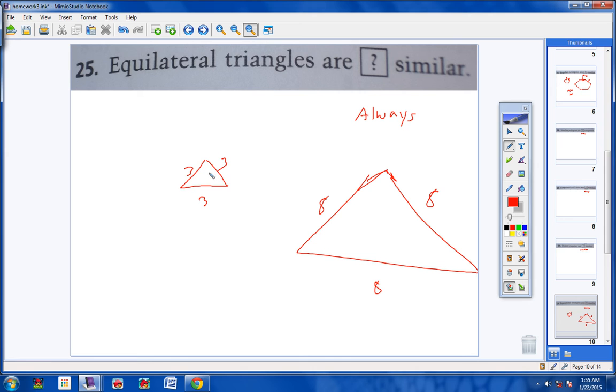Well, we know there's 60, 60, 60 in each. We know that all equilateral triangles are also equiangular. So the angles are taken care of. Now, if I put this side over its corresponding side 3 over 8, and then 3 over 8, and then 3 over 8. Okay, there we go. So, as we see, if you have equilateral triangles, they will always be similar.